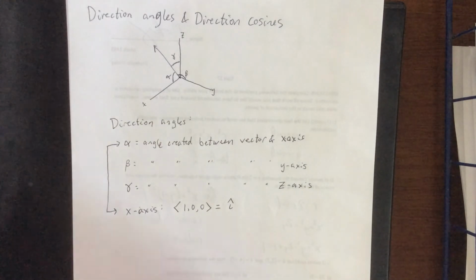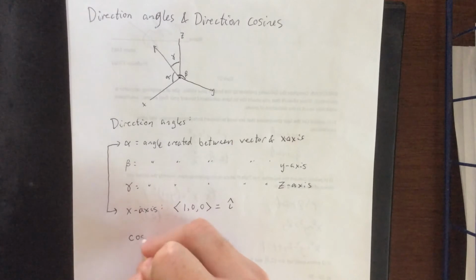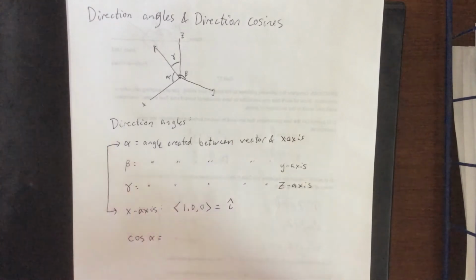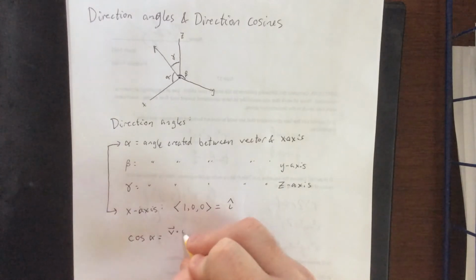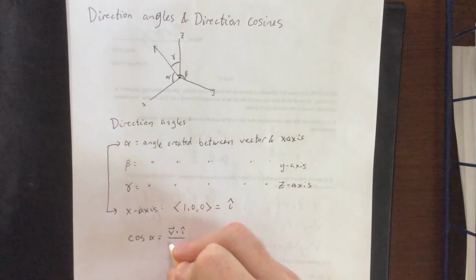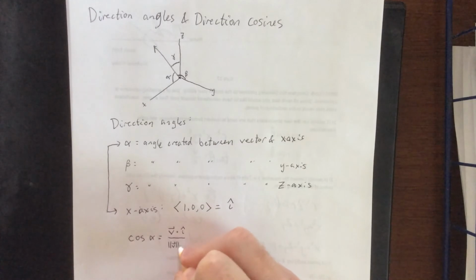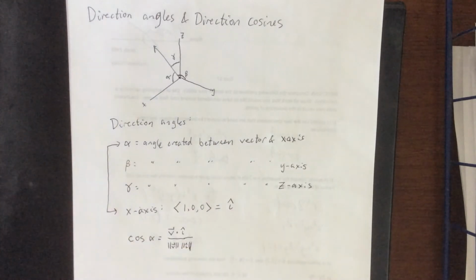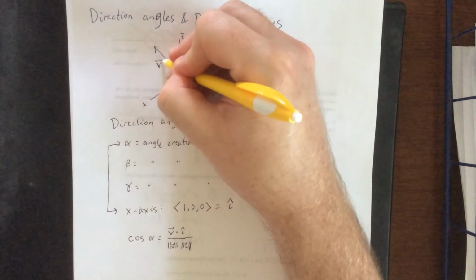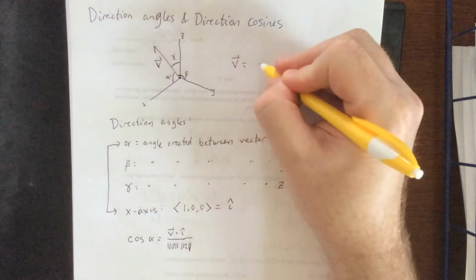Now, according to our dot product formula, we have that the cosine of alpha would be equal to the dot product of our vector with i over the magnitude of our vector times the magnitude of i. So this would be referring to our vector, and let's throw some components in here as well.